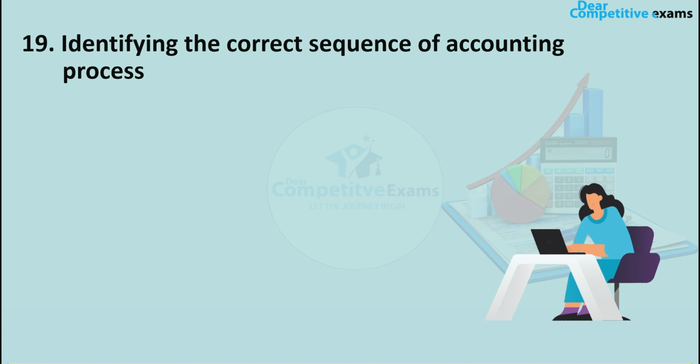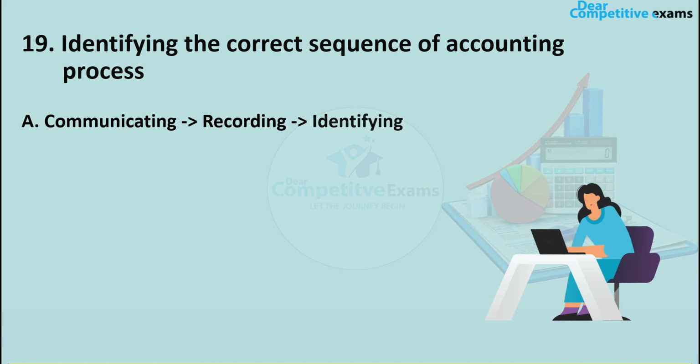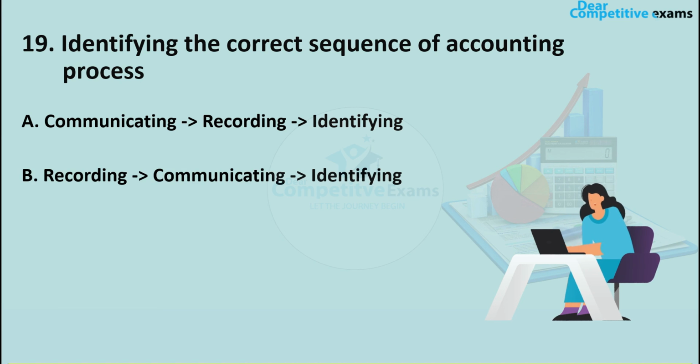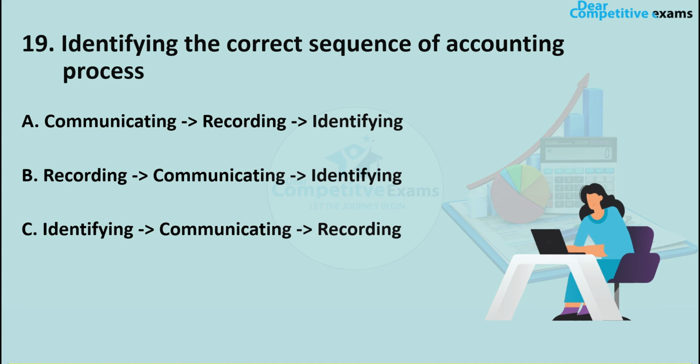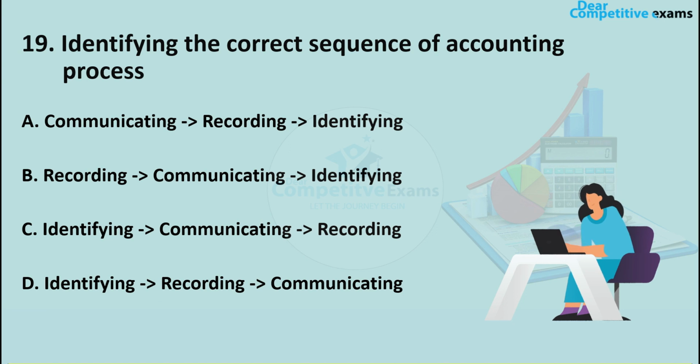Identifying the correct sequence of the accounting process. So what is the correct sequence of the accounting process? What do we do first, second, third, and fourth? Your options are communicating, recording, and identifying; or recording, communicating, identifying; or identifying, communicating, and recording; or identifying, recording, and communicating.